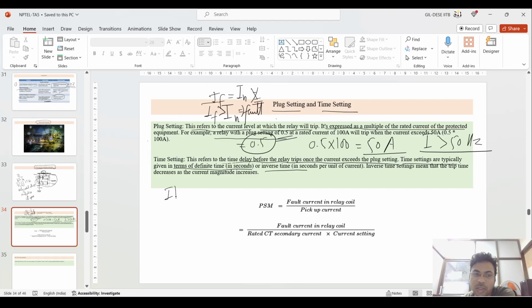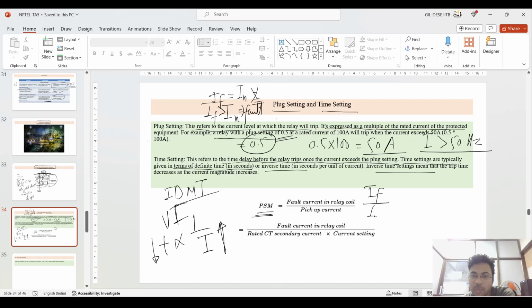Based on that characterization, there are many types, such as inverse definite minimum time, very inverse type relays. There are different types of relays based on these inverse time settings. Inverse time means the time of operation is inversely proportional to current. As current increases, the time of operation reduces.